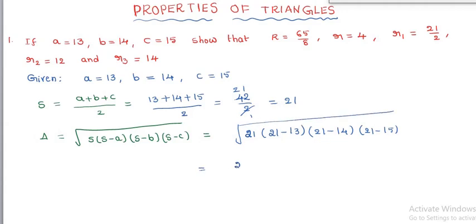So 21 into 21 minus 13 is 8, 21 minus 14 is 7, 21 minus 15 is 6.